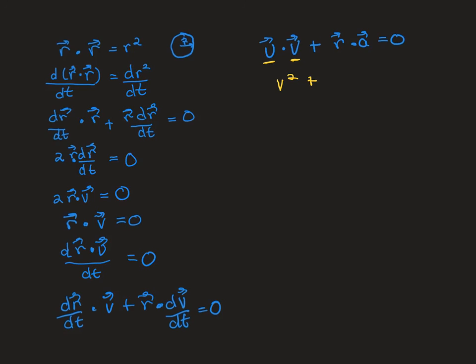And remember, with radial acceleration, it's acting along, towards or away from, the point of rotation, which means that the radius is always going to be parallel to it. It may be parallel and may be anti-parallel, which is where you're going to get negative versus positive acceleration from. So we can reduce this down into just r times a, since those vectors are always going to be parallel or anti-parallel. And then we can rearrange to solve for acceleration.